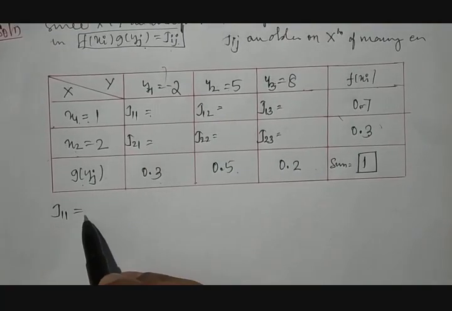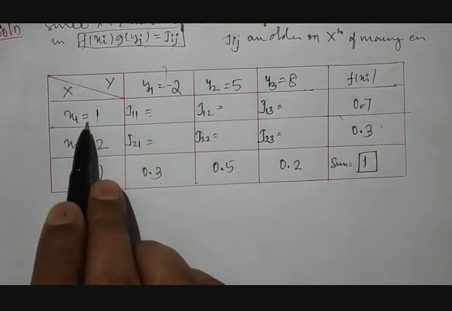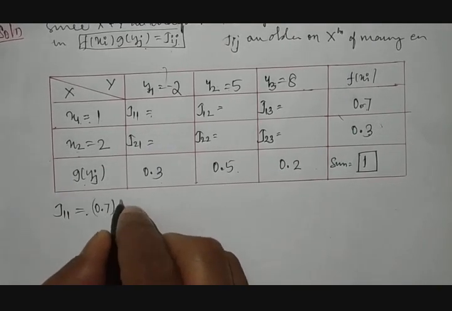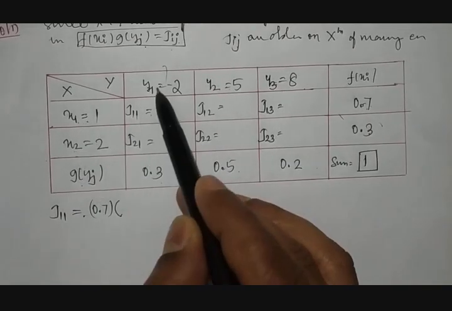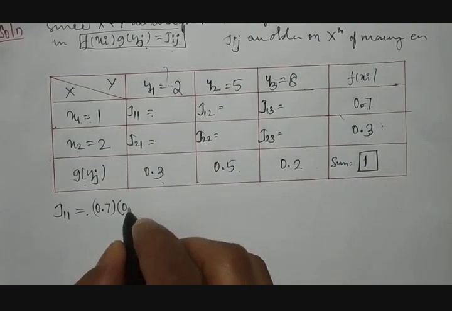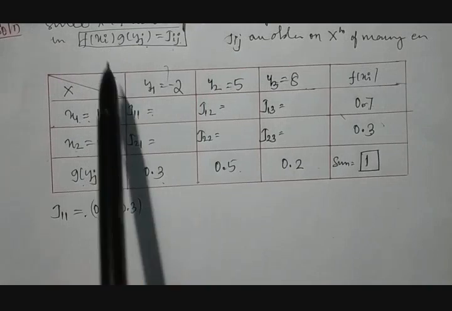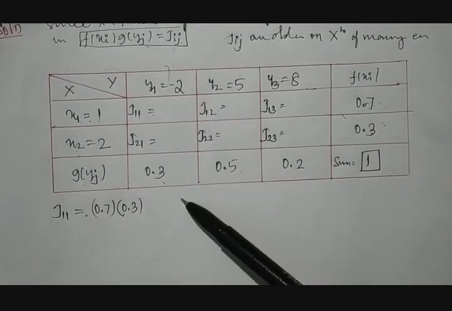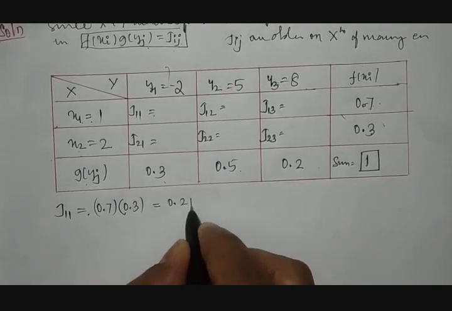You can see xi for this row is 0.7, so that is 0.7 into, for y1, 0.3, which is g of yj. F of xi for this row is 0.7, g of yj for this column is 0.3. So this is equal to 0.21.